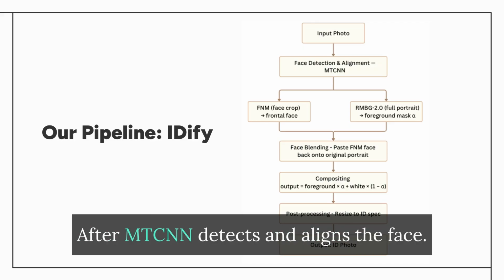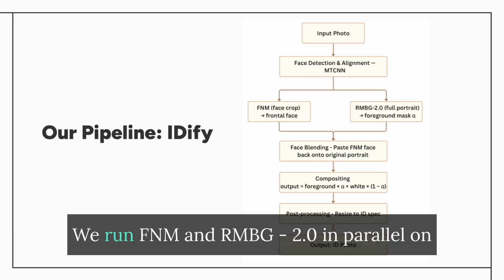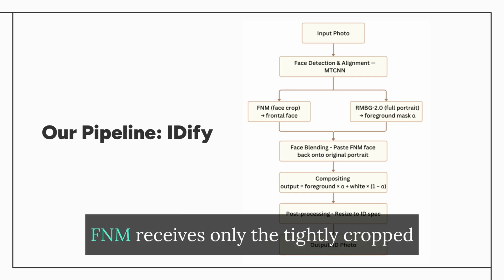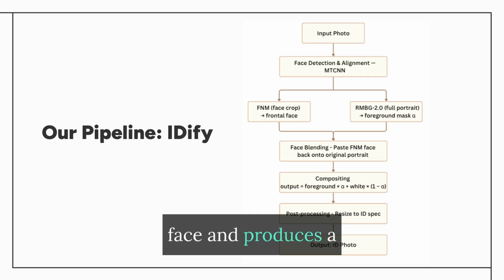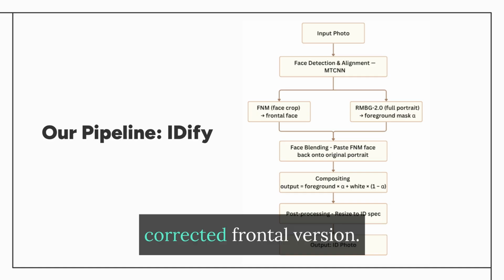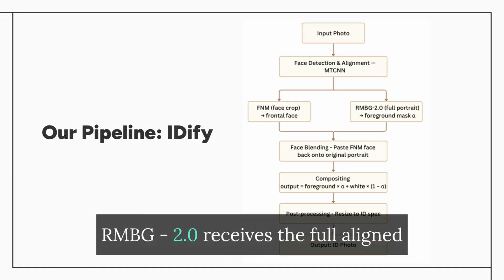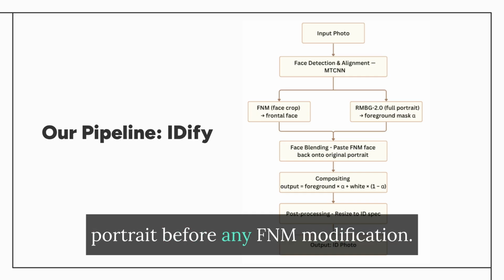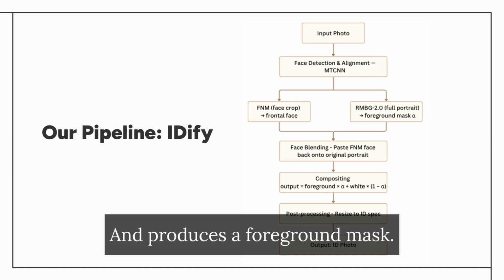Here's our full pipeline. After MTCNN detects and aligns the face, we run FNM and RMBG 2.0 in parallel on different inputs. FNM receives only the tightly cropped face and produces a corrected frontal version. RMBG 2.0 receives a full aligned portrait before any FNM modification and produces a foreground mask.